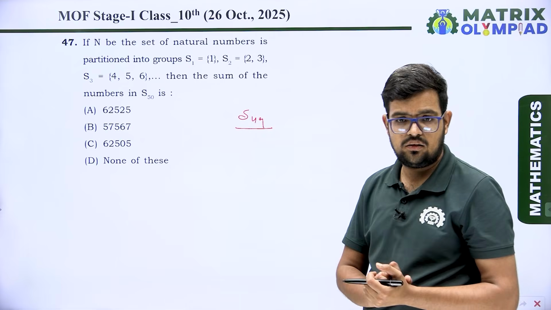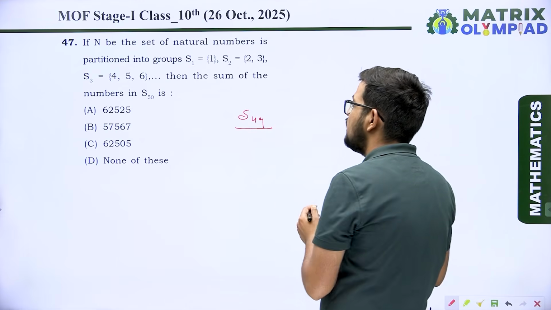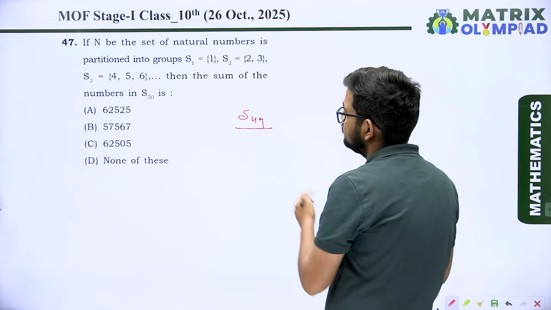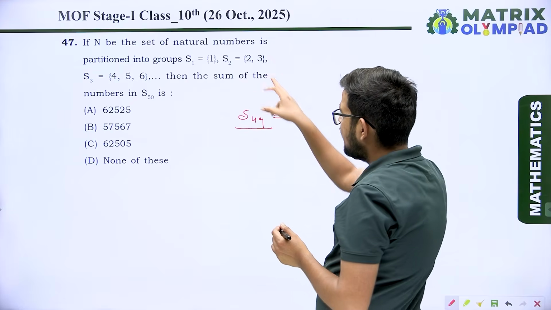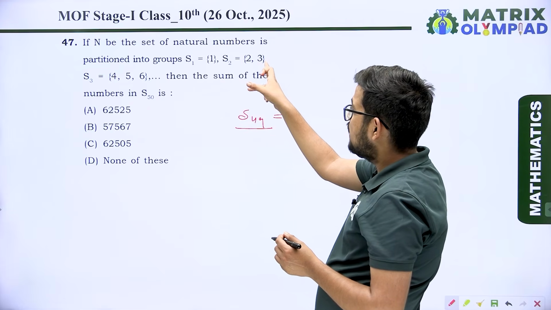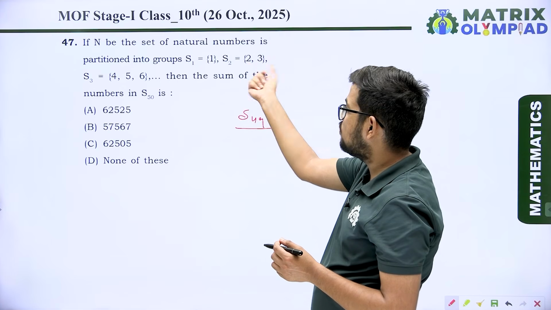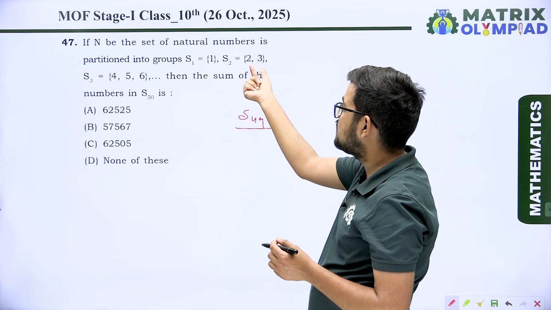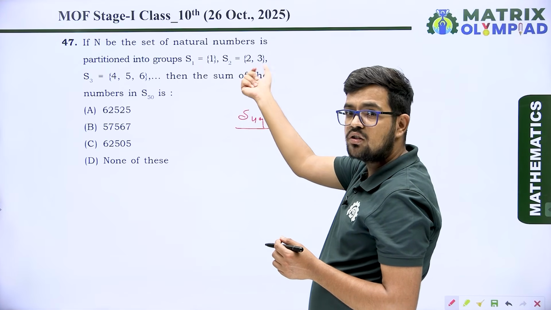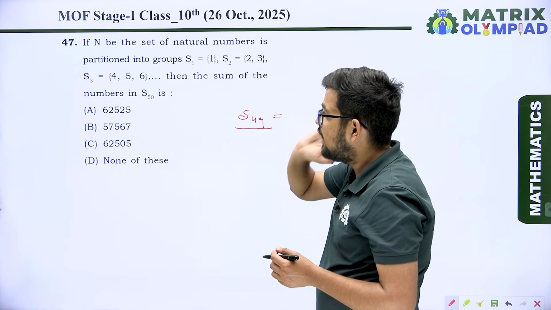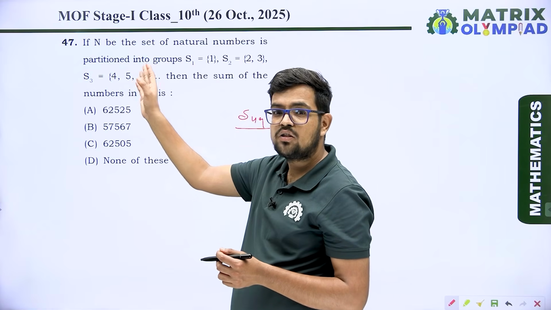In S49, the last number is the sum of the first n natural numbers. Just like when there are two numbers, the last number is the sum of the first two numbers, 1 plus 2 equals 3, and here the last number 6 is 1 plus 2 plus 3.